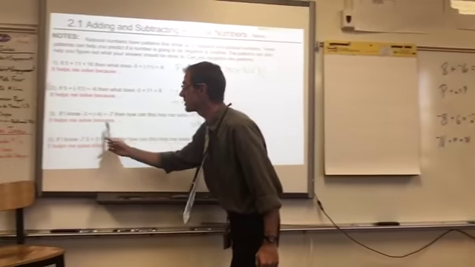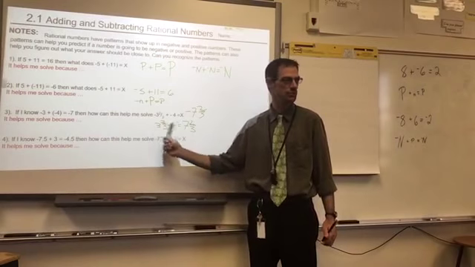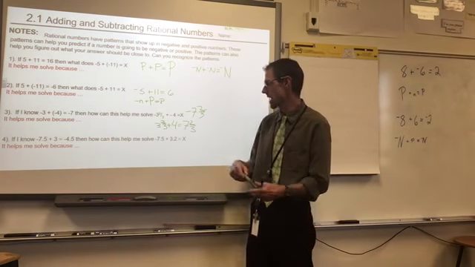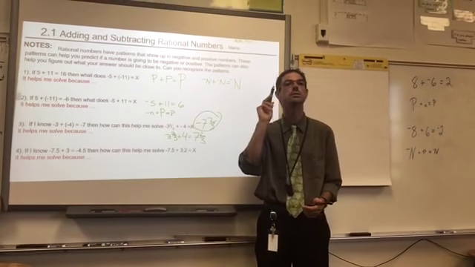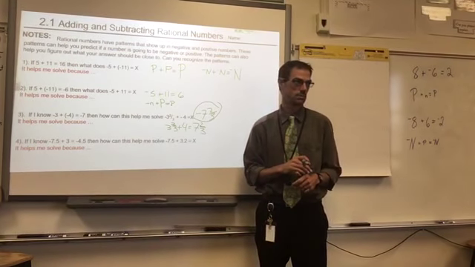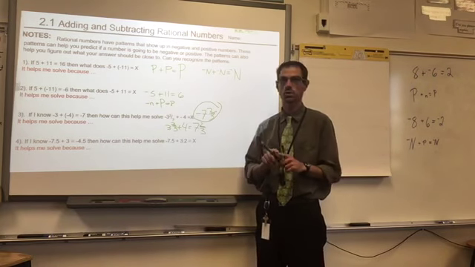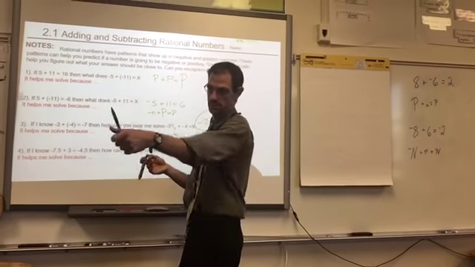So this can help me solve because I can treat these as positive rational numbers and then just make sure that when I get to my answer, my answer is negative. Because I'm adding negative numbers together. And I know that that absolute value increases just like two positives.